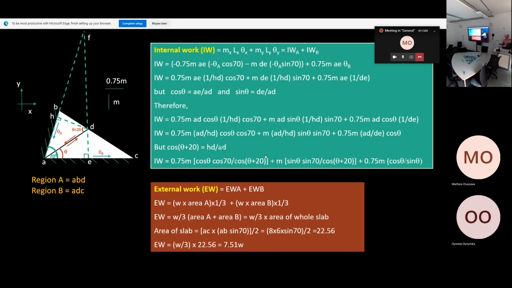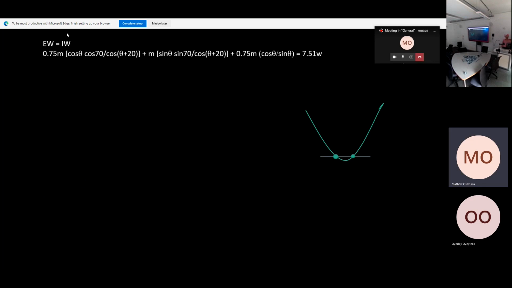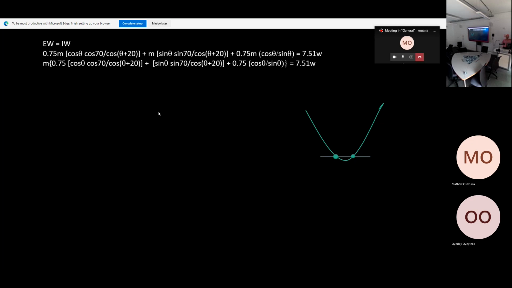Yeah? Okay, so what you do then, you equate the internal work, that's the internal work here, equals the external work. All I'm doing here is rearranging, so I've taken M outside the bracket, so it gives me 0.75 times this, plus this one here, plus this, equals 7.51.